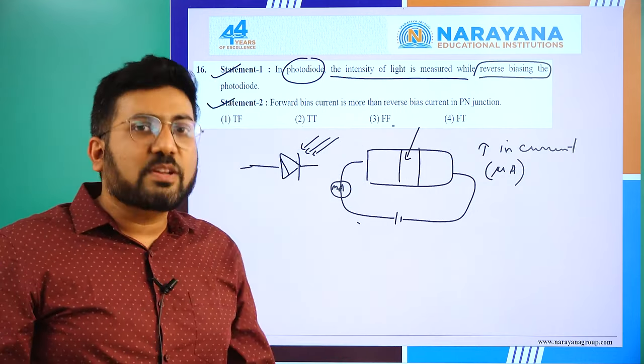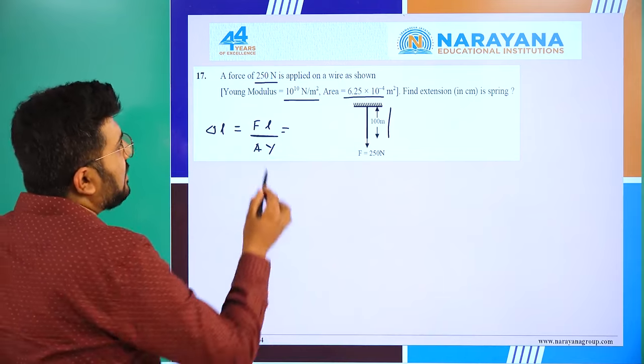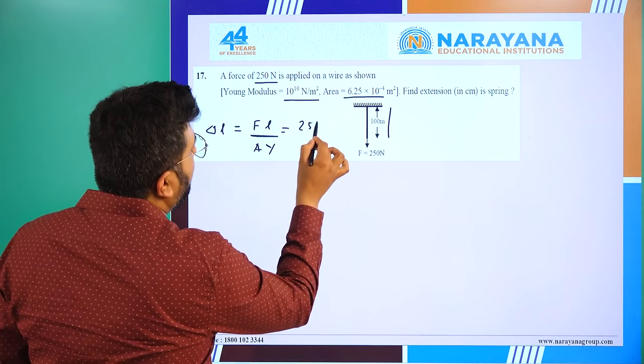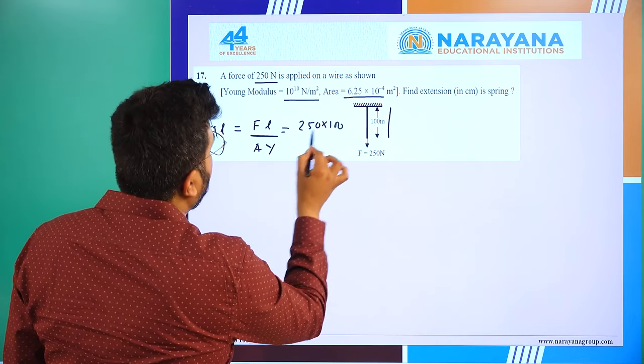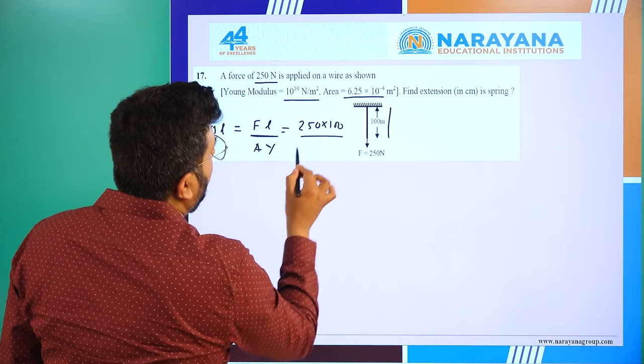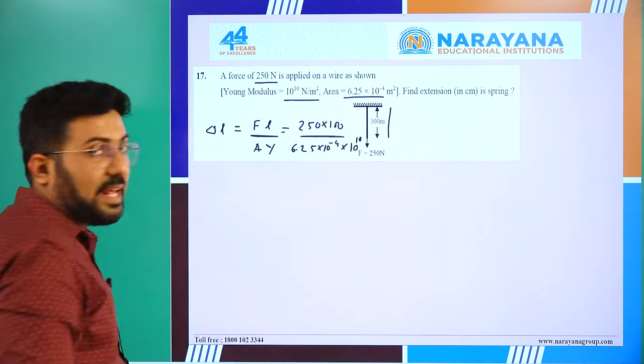Delta L will be equal to what? FL by AY. Okay. So, that means the force is 250, the length is 100, area of cross section is 6.25 into 10 raised to the power minus 4 meter square, all given in SI unit only, and the Young's modulus is 10 raised to the power 10.